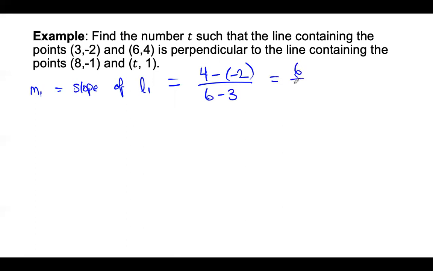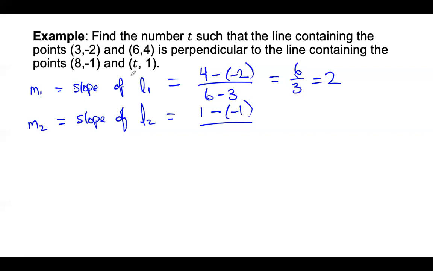You should know how to find the slope automatically if given 2 points. M2 is equal to the slope of L2, which is going to be 1 minus -1, and then the denominator is t minus 8. So this is going to be 2 divided by t minus 8.